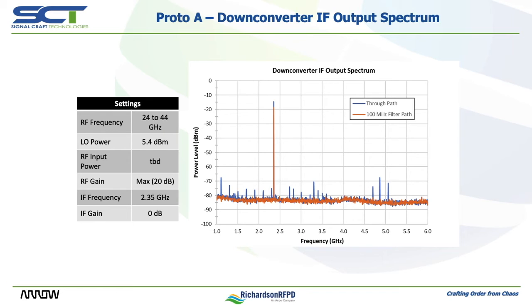After enabling the 100 MHz filter, the resultant IF output spectrum looks like that in the orange curve. The slight drop in signal level at 2.35 GHz is a result of the filter's insertion loss. The spurious-free dynamic range of this configuration is over 60 dBc.